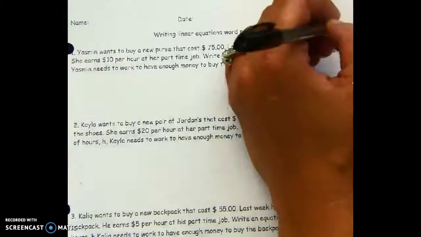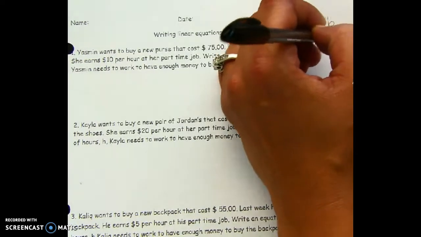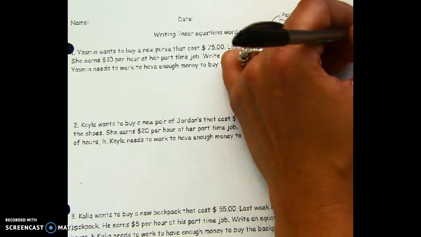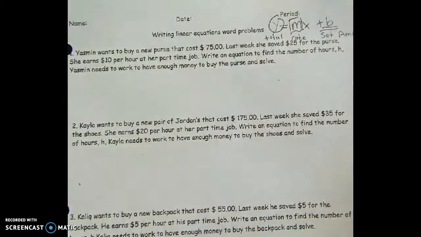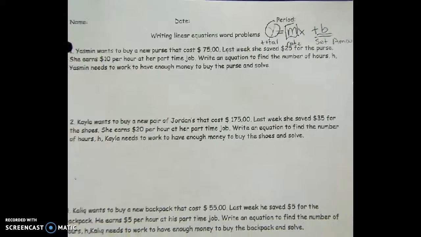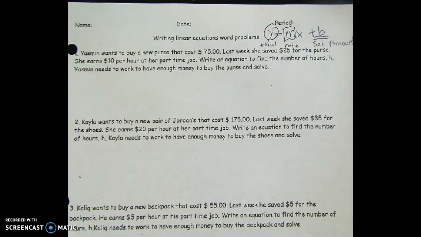And we are going to underline our set amount. This is the exact diagram that you wrote down in your notes.